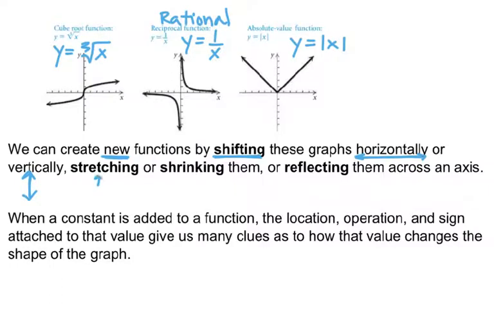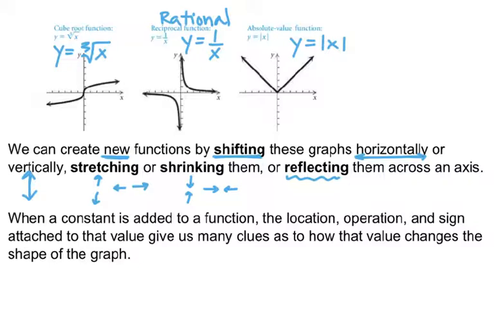We could stretch, so we could pull things vertically, or we could stretch things out horizontally, versus shrinking, smushing things in on each other, right? So thinking about shrinking in. And then we can deal with reflections, so flipping them over either an x or a y axis.